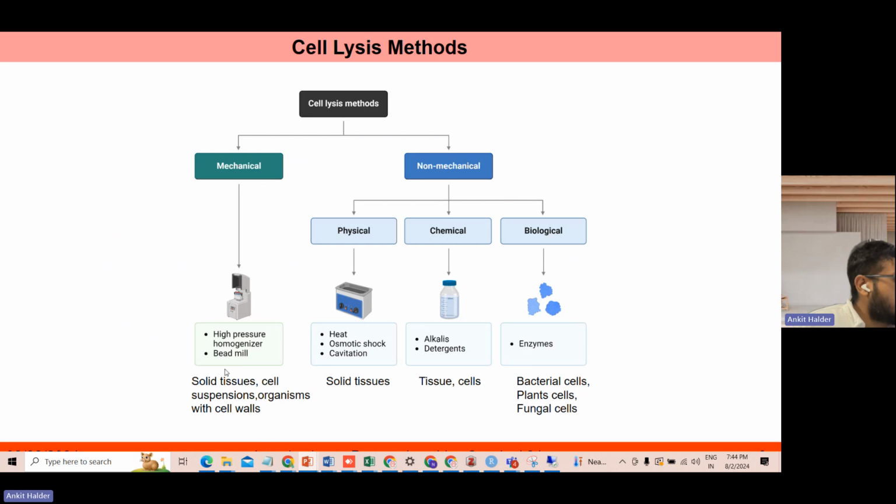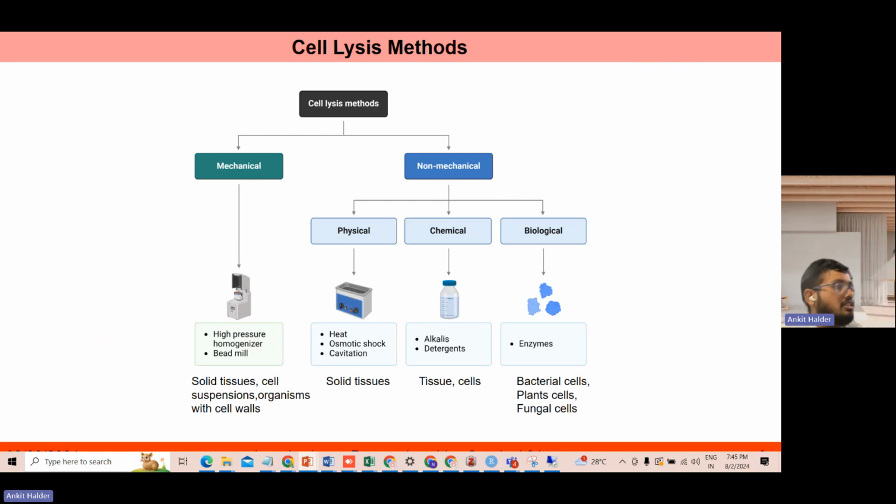So on which kind of cells and tissues will you be using them? This is quite important. As I mentioned, we need to understand the concept behind when to use which method, so that it does not disrupt our experiment and the protein doesn't lose its structural integrity and is not denatured.